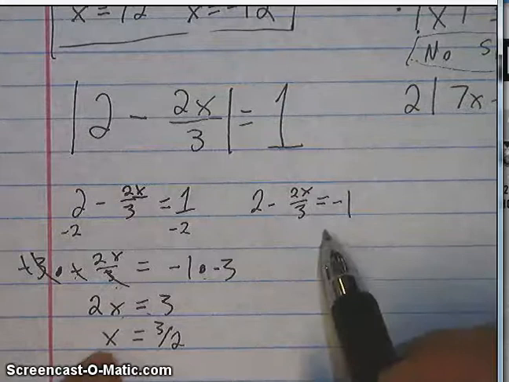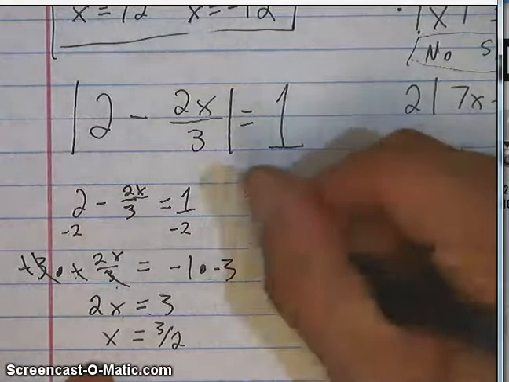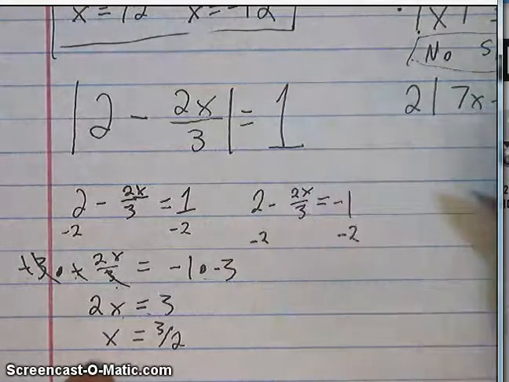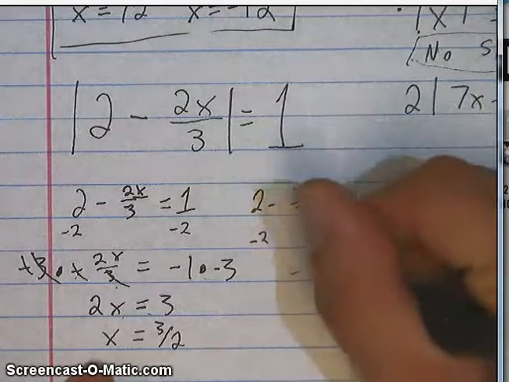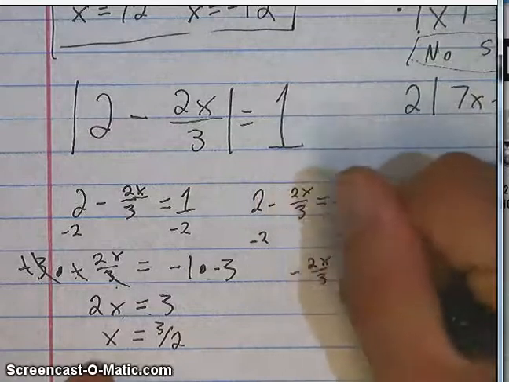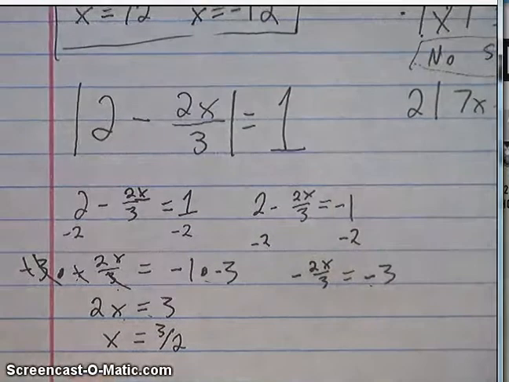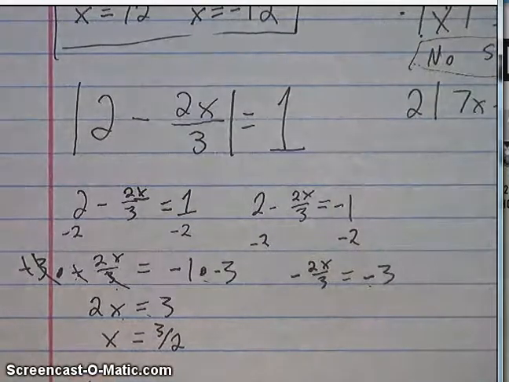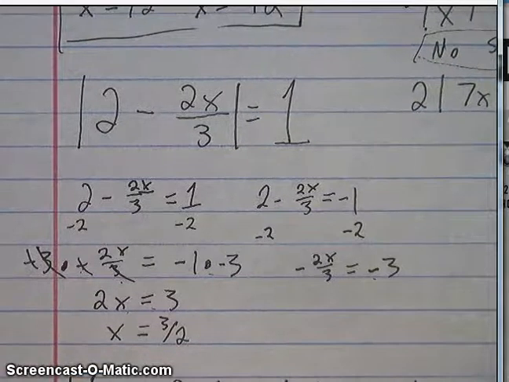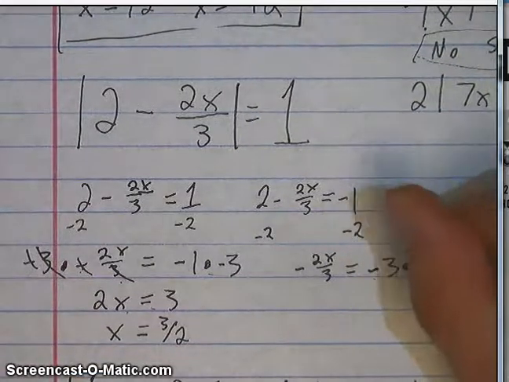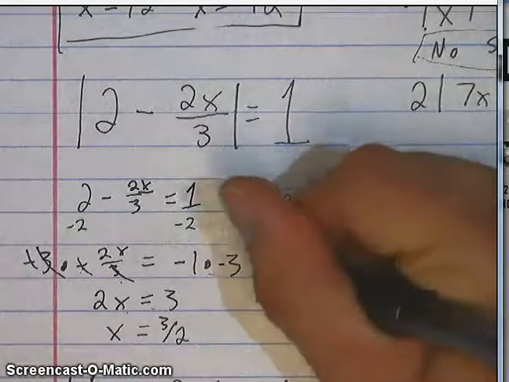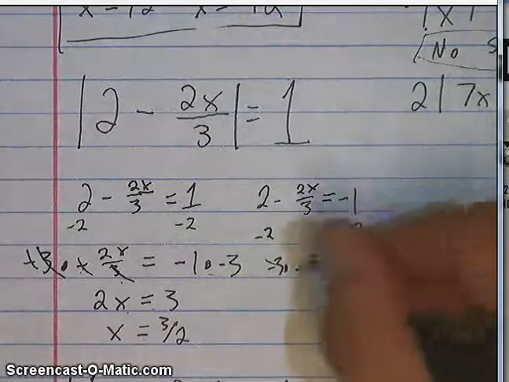Now we need to get the other solution here by doing the same process. I'm going to subtract 2, subtract 2. I've got negative 2x/3 equals negative 3. All right, again, I'm going to multiply both sides by negative 3 for the same reason as before. That negative cancels that negative.